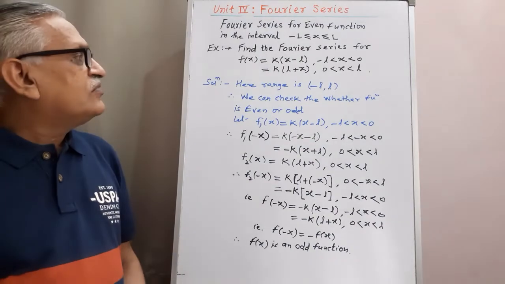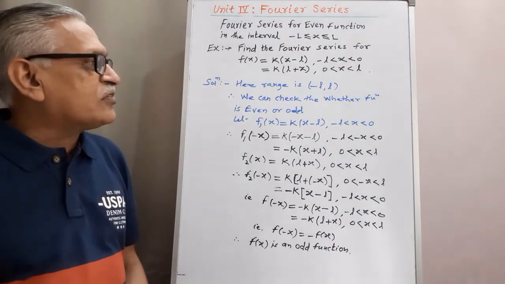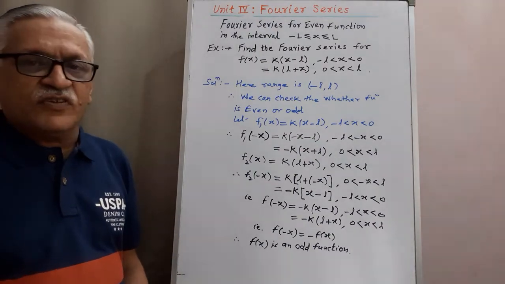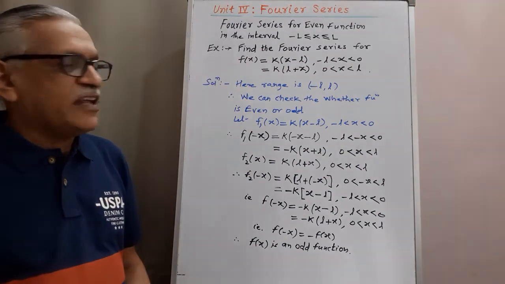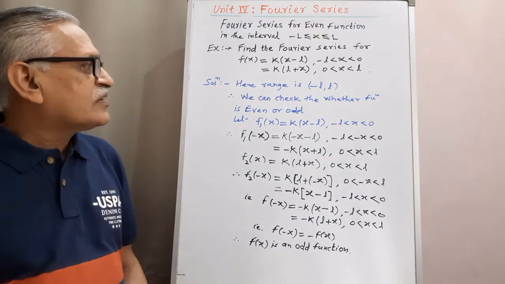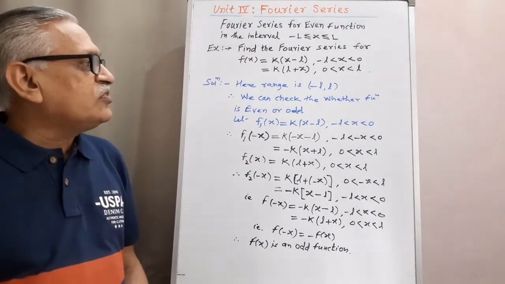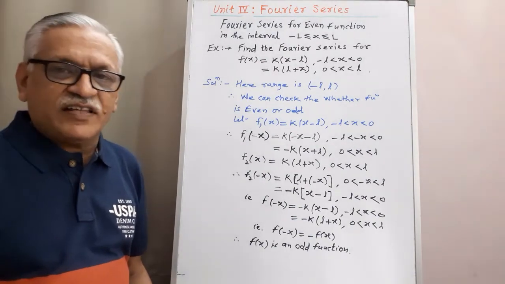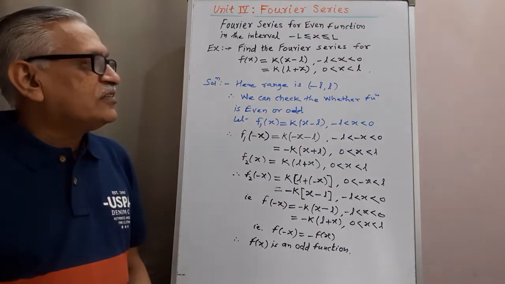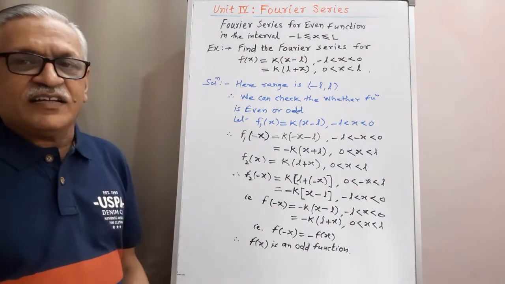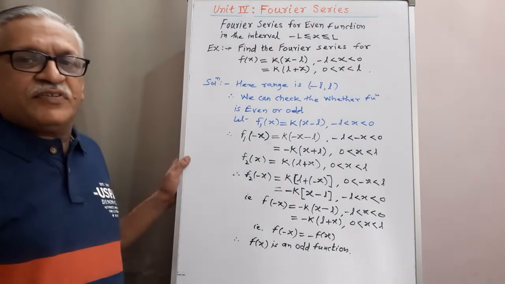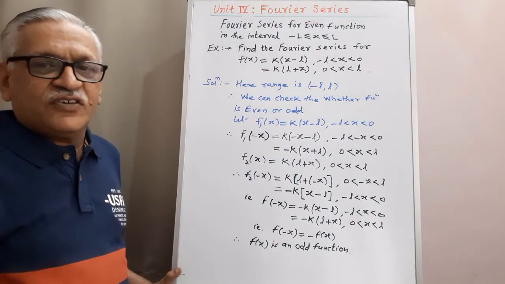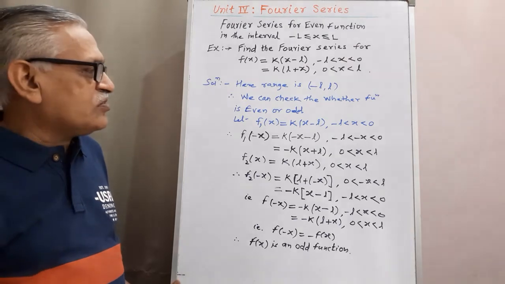Example: find the Fourier series for the function f(x) = k(x − L) for −L < x < 0, and k(L + x) for 0 < x < L. Therefore, as the range is −L to L, we can check whether the function is even or odd.